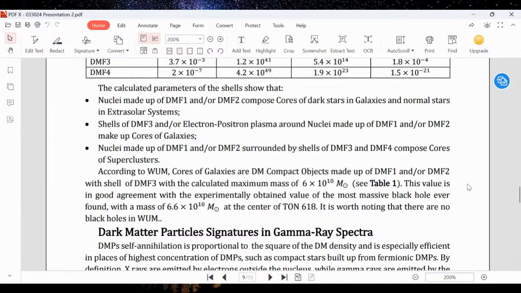This value is in good agreement with the experimentally obtained mass of the most massive black hole ever found, 6.6 times 10 to the power 10 solar masses, at the center of Ton 618. It is worth noting that there are no black holes in WOMB.